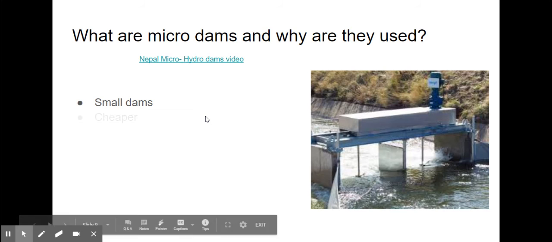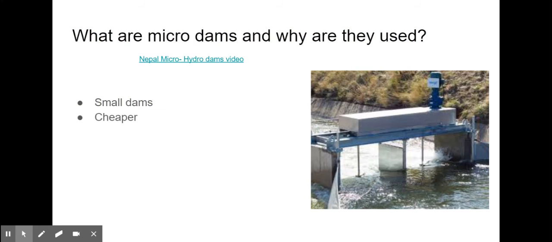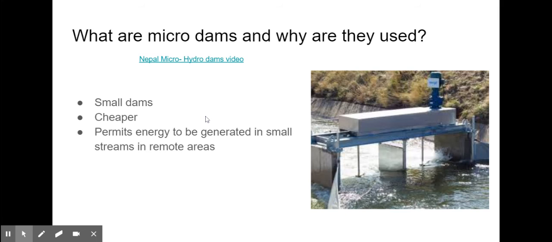Microdams are small dams. They're cheaper than larger ones. It permits energy to be generated in small streams in remote areas.